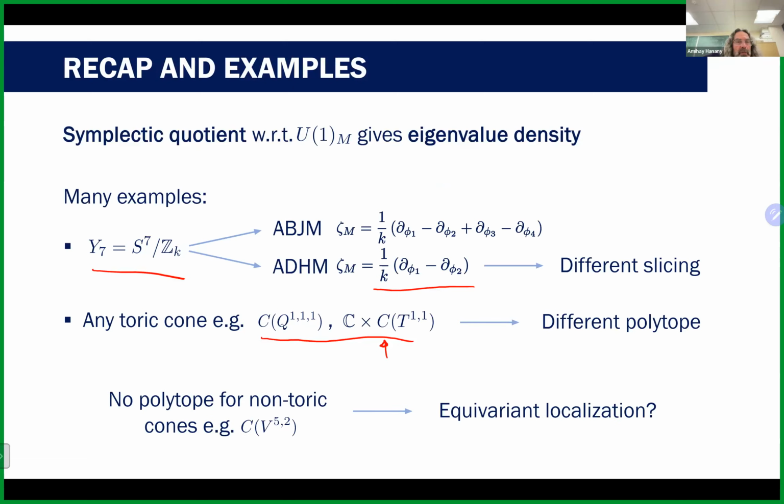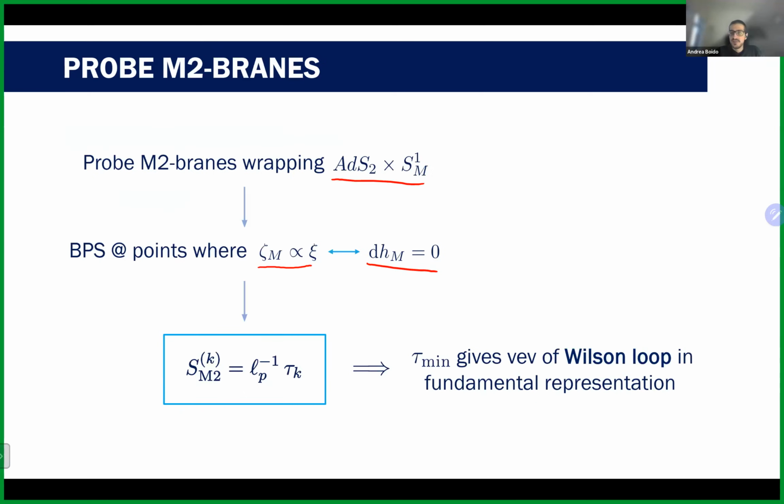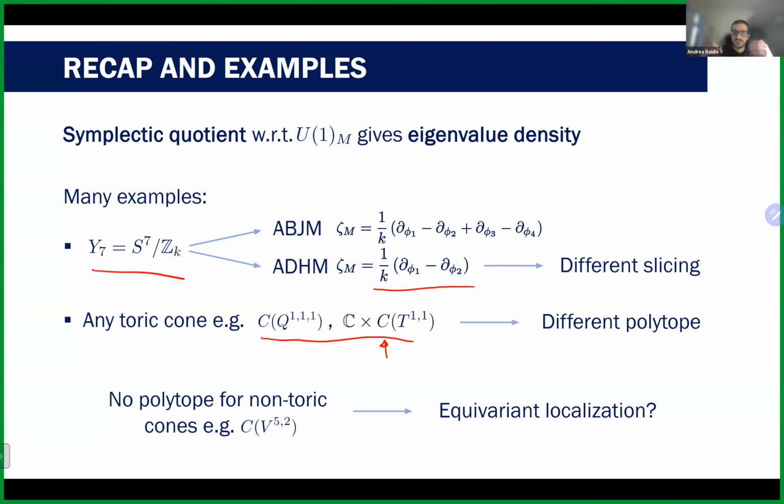Here. V52. It's not toric. Yeah, V52 is non-toric, but we didn't actually try too much to do that. Actually, one thing we did, this whole business with the probe M2-branes works even for V52. That works very neatly. But we didn't try to do the whole computation of the density so far.